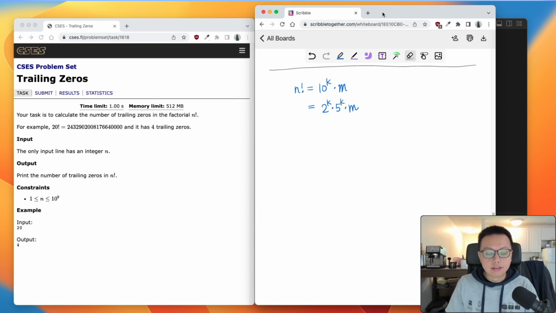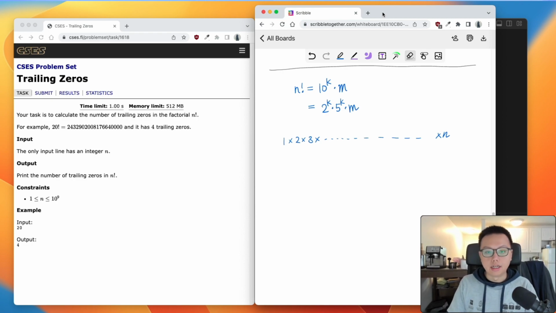Now we try to factor out the prime numbers that contribute to 10, which are 2s and 5s. If we represent n by a sequence of integers, we know that for every second number we can factor out a 2.